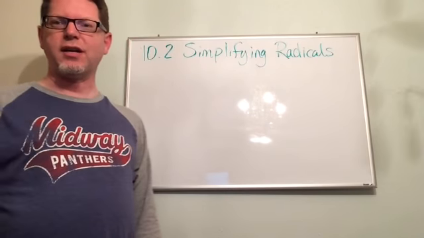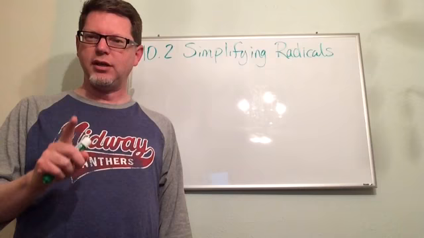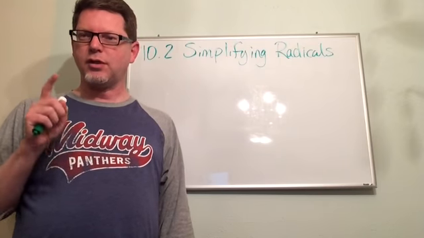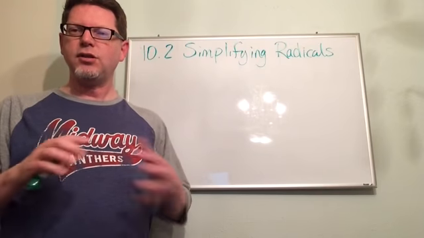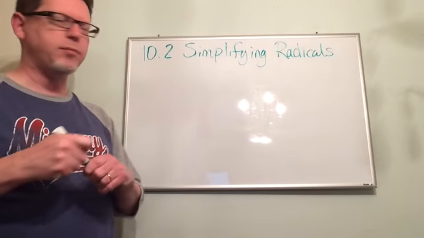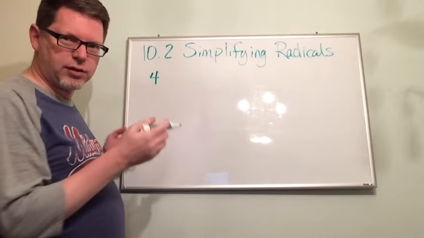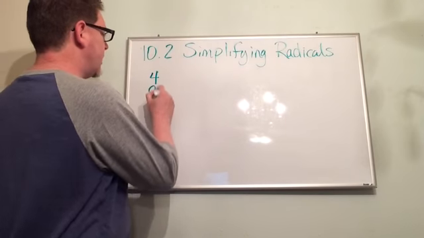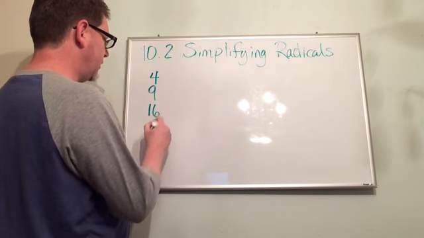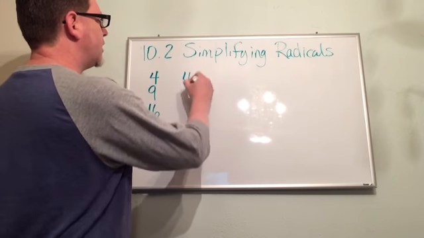10.2, Simplifying Radicals. It's important before we get started that you understand what the perfect squares are. So I need you to list these, but not just list them, memorize them. You need to know that the perfect squares are 4, because 2 times 2 is 4. And then we have 9, 16, 25, 36, and 49.